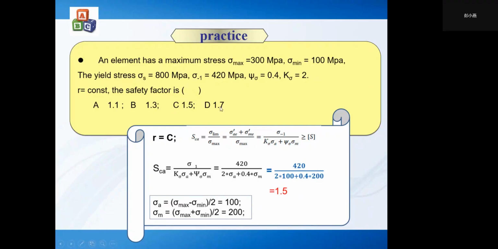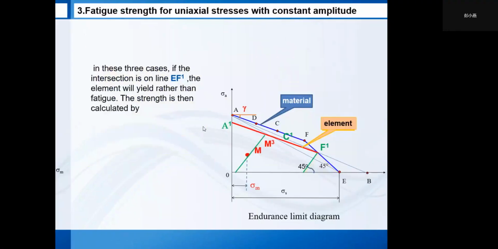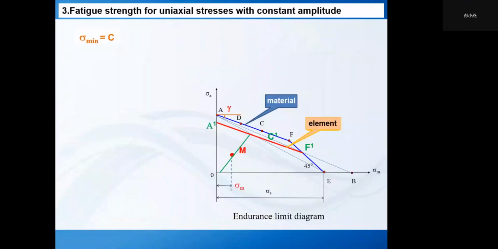Any problem? This is for the condition where the stress ratio is constant. If we change the condition, and the mean stress is constant, we use this formula for mean stress.